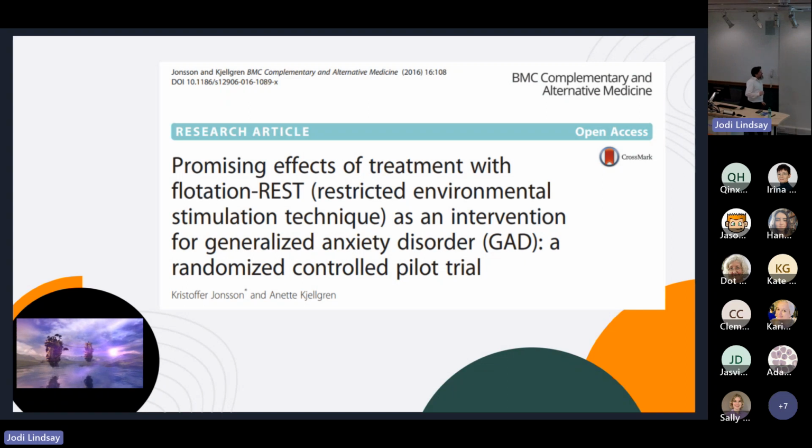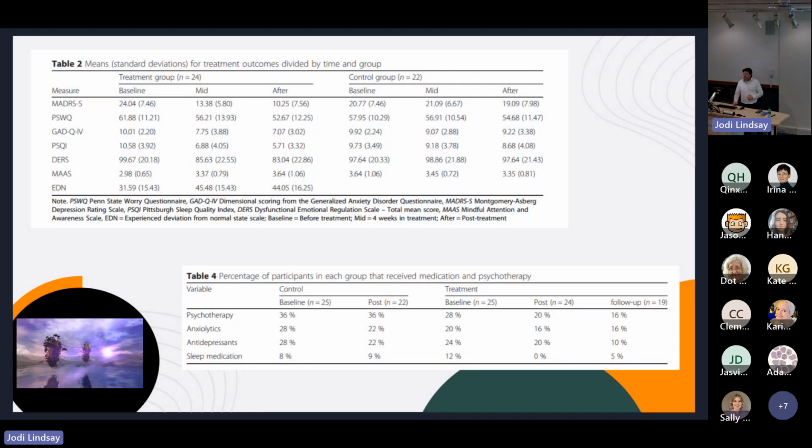There was one study which was quite interesting. They looked at generalized anxiety disorder, which is quite tough to treat. What they did, I think it was 12 floats, so they went into the tank 12 times.